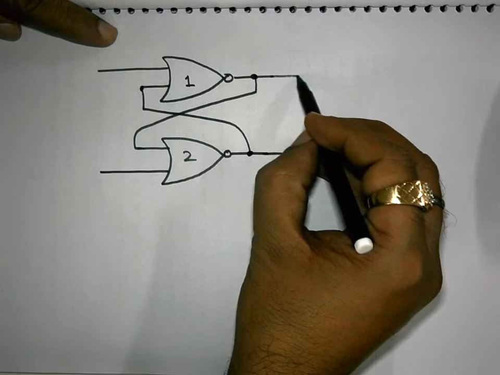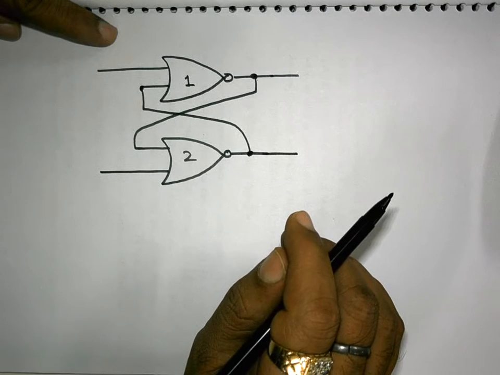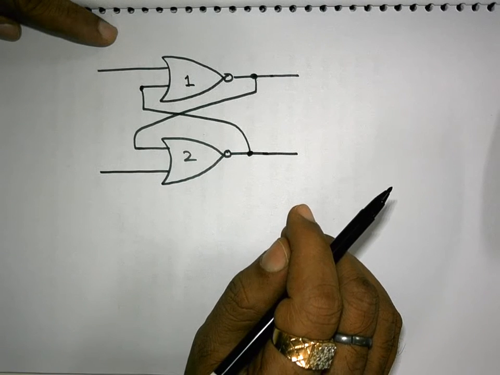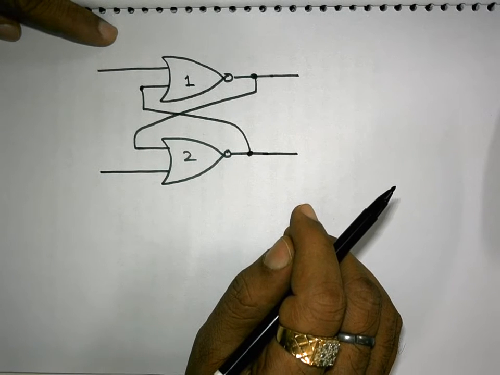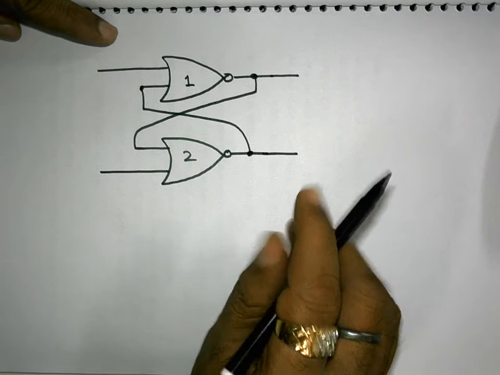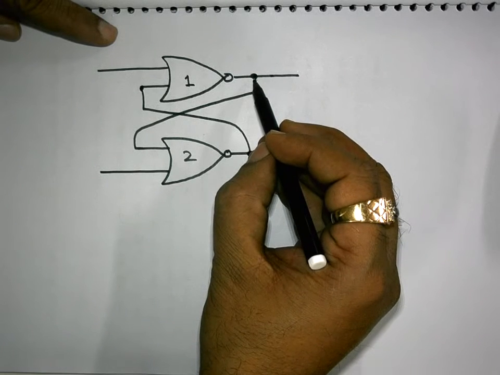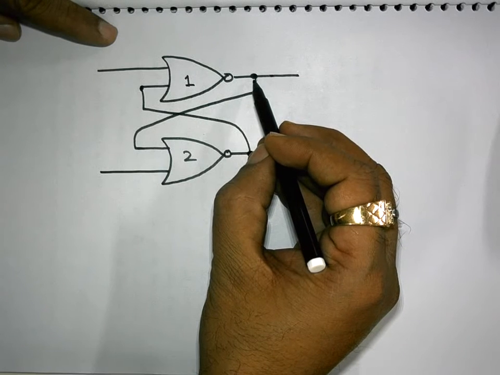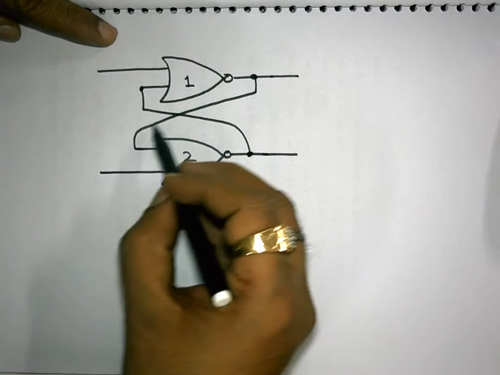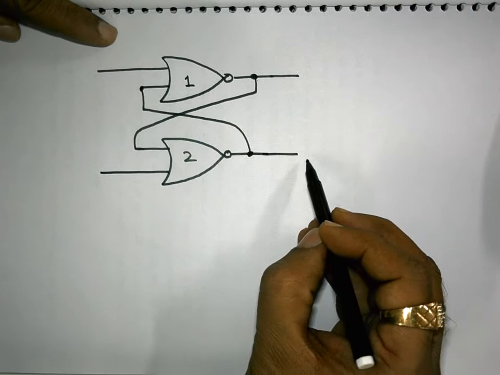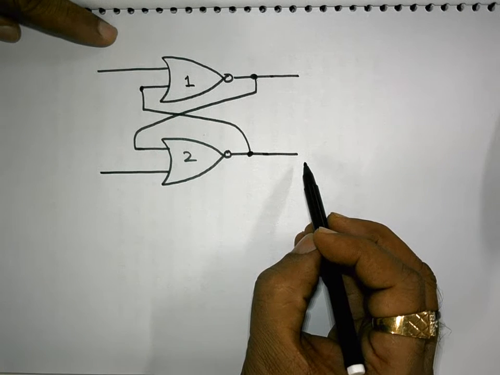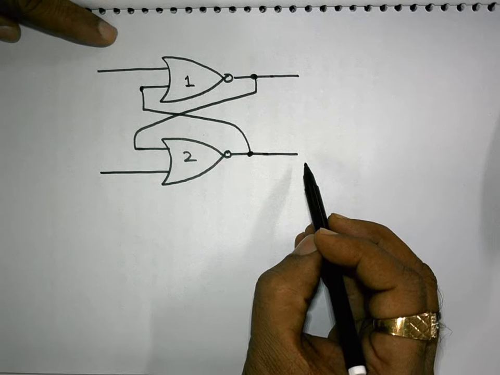So you are looking that the output is also fed back to the input. Okay. The output that is presently available is known as present state. Present state is playing a role to decide the next state.